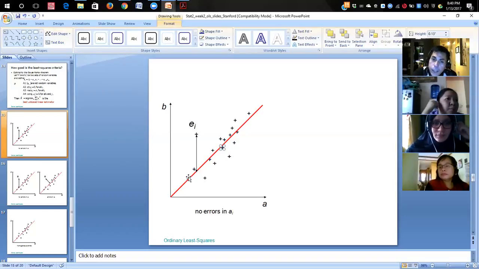So my data is really best represented by a line. Then I've got BLUE. That's the ideal picture, right?